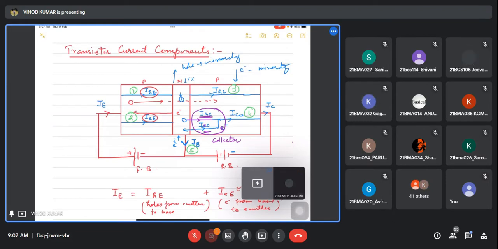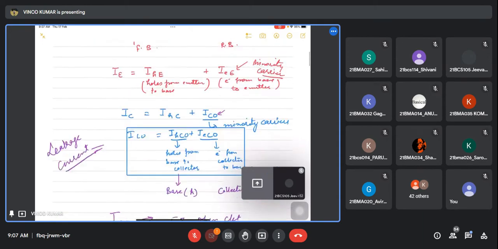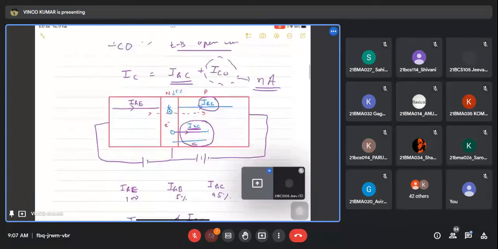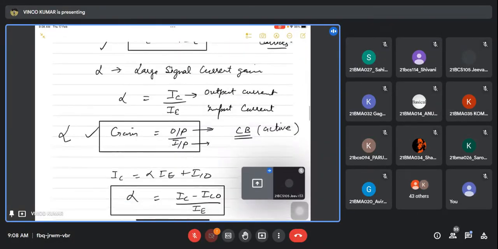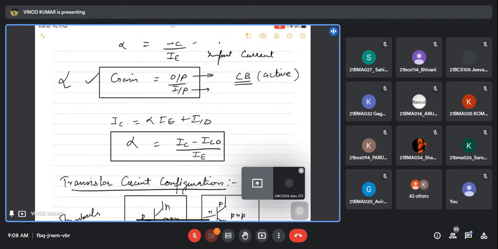Yes, sir. I hope you'll be able to understand the different current components. And thereafter we have derived the relation between this IC and IE in this case because this is common base configuration.